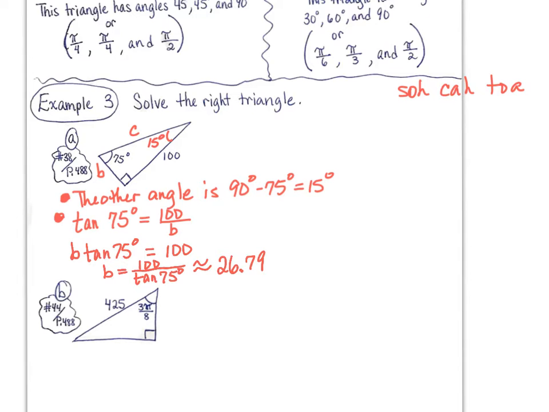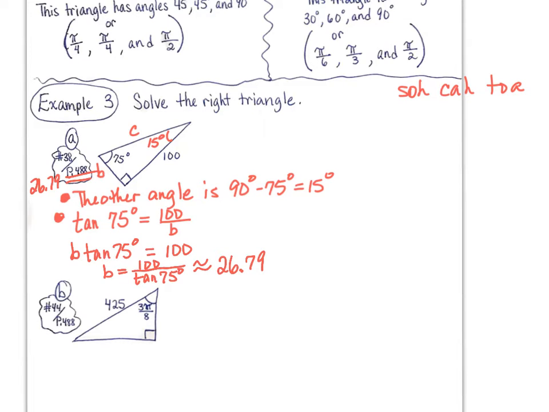So we found B. So B is 26.79. And then we need to find C. And to find C, you could use your Pythagorean theorem like you mentioned earlier, now that you know what B is.